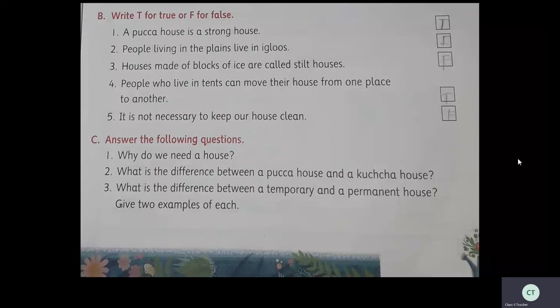Now, second question, what is the difference between a pakka house and a kacha house? The pakka houses are very strong, made of bricks, cement, steel, and stone, whereas kacha houses are not very strong, made of straw, mud, and wood.